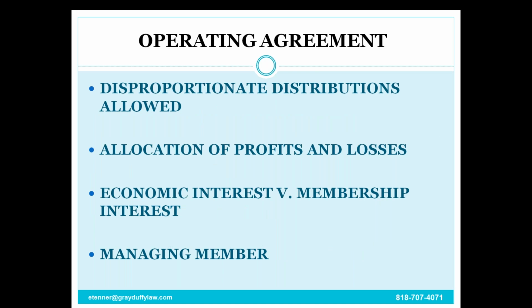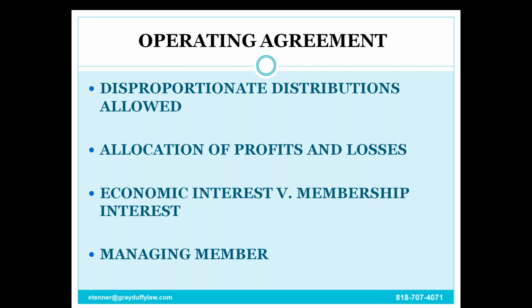So in an operating agreement, which is for an LLC, as I mentioned, the agreement will cover how distributions will be made, because unlike a shareholders agreement, the operating agreement for an LLC will allow for disproportionate distributions. It will also provide for allocation of profits and losses, which can be allocated disproportionately.